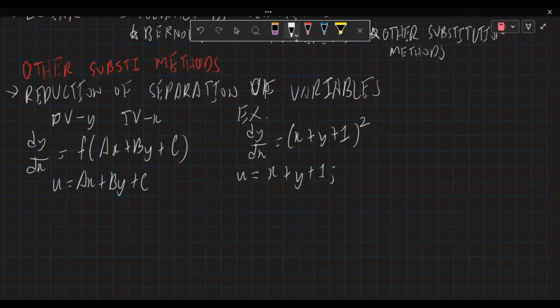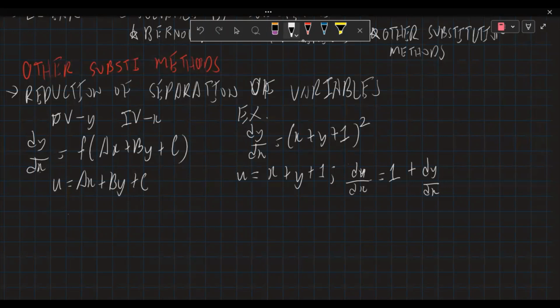We're differentiating in terms of x, so there will be implicit differentiation. So this is du over dx equals 1, since we're differentiating in terms of x, plus dy over dx, and the constant will be 0.